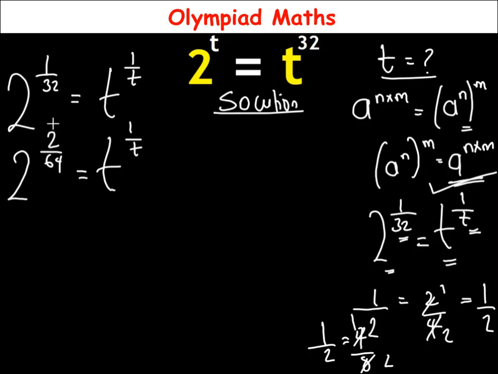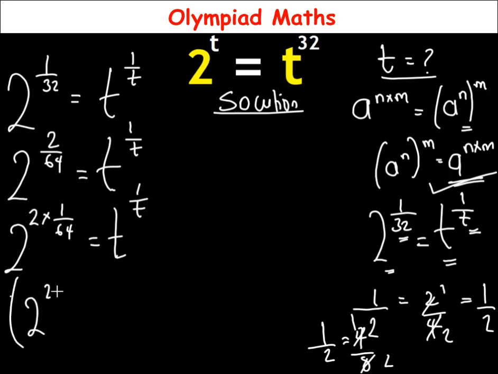Now, if we factorize out 2 from here, we have 2 raised to power 2 times 1 over 64 is equal to t raised to power 1 over t. Also, applying the same principle, that a raised to power n times m is equal to a raised to power n, in bracket, then power of m. So applying this right here, we have in bracket 2 raised to power 2, all raised to power 1 over 64, which equals t, then all raised to power 1 over t.